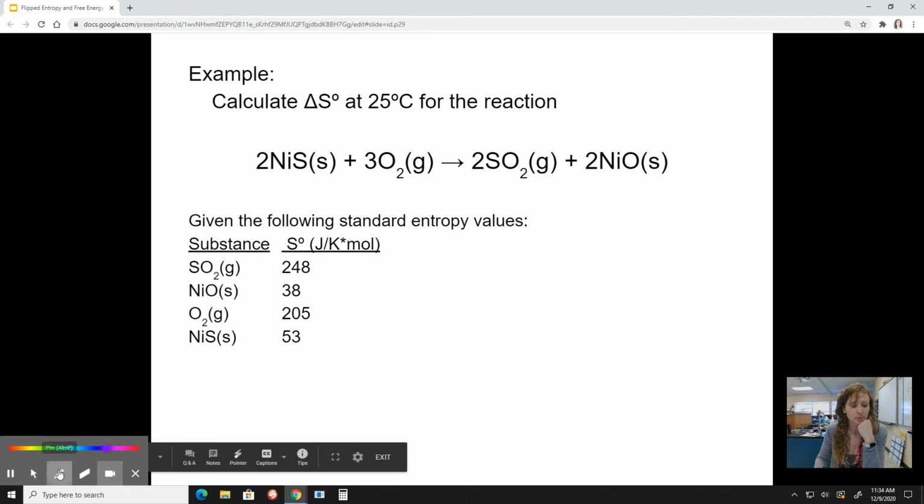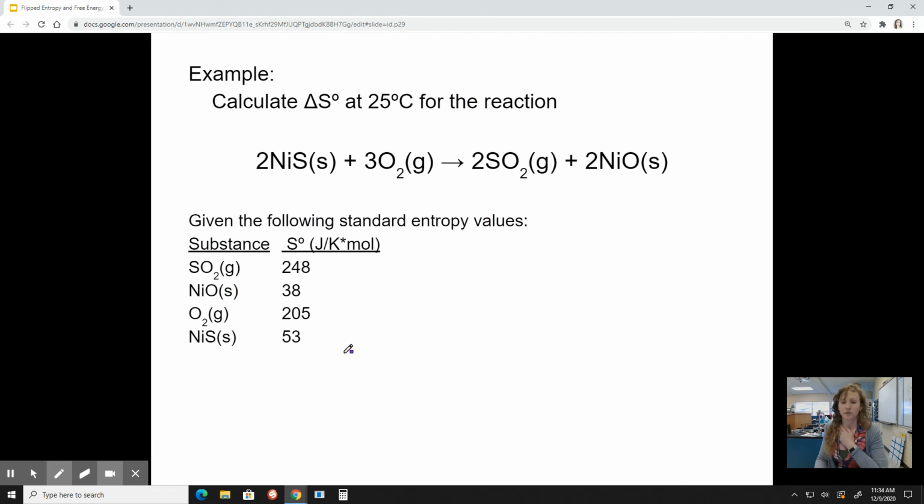All right, so for example, calculate delta S at 25 degrees Celsius for the following reaction. So really what we're going to do is take all the reactants and multiply them by their coefficients, which is how many moles of the reactants we need per 1 mole of the reaction.